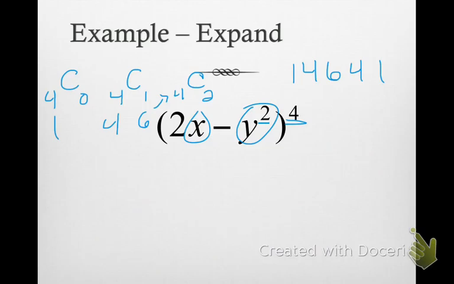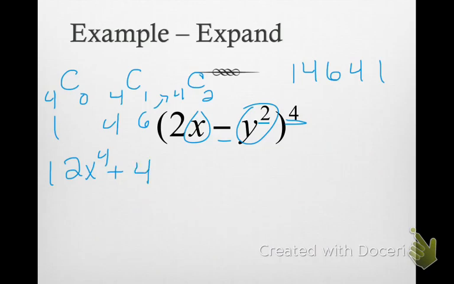So let's take this slowly. Coefficient of 1, 2x to the 4th, start at the highest, and then the negative y squared is to the 0th. I'm going to keep writing plus despite this negative here.